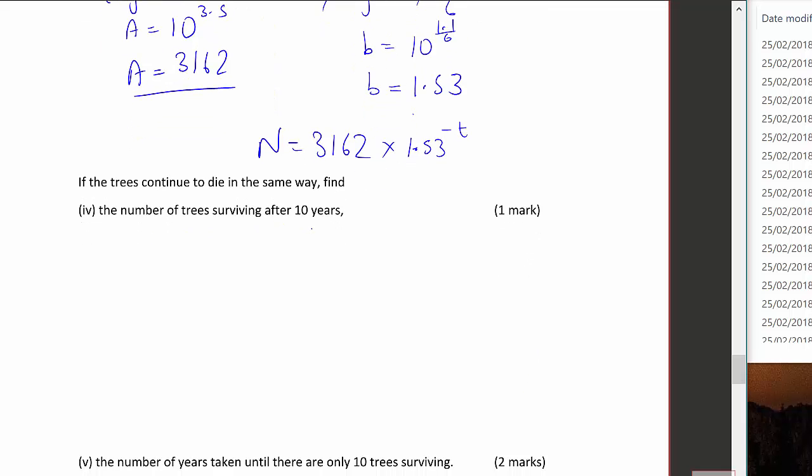So number of trees surviving after 10 years, we're just going to substitute in 10. And we can calculate that.